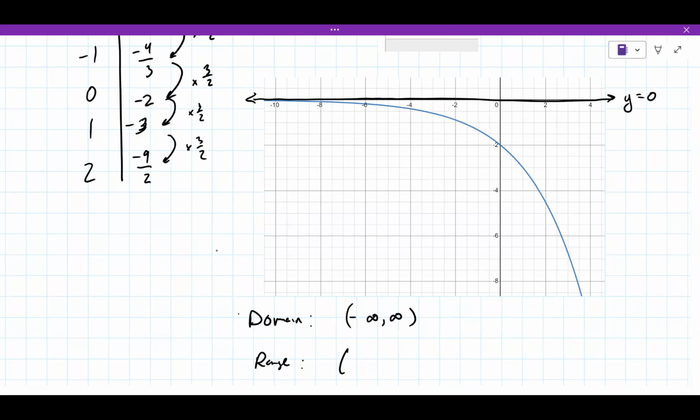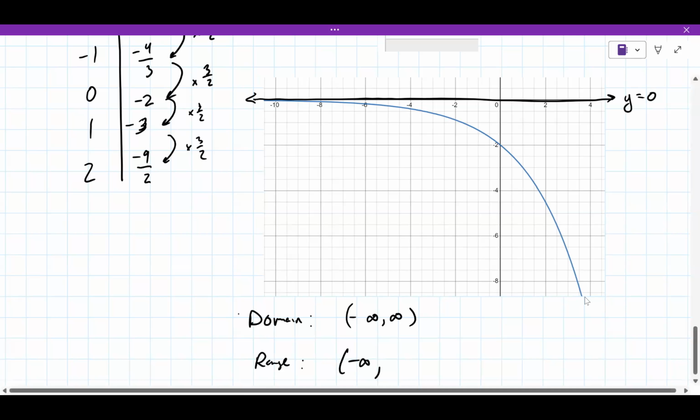Yes. So the range is always min to max. Now, how far up does the y go? Well, it stops getting bigger because it's always approaching 0. It's always approaching 0, but it never crosses 0. So 0 is the biggest number that it can be. Got it.